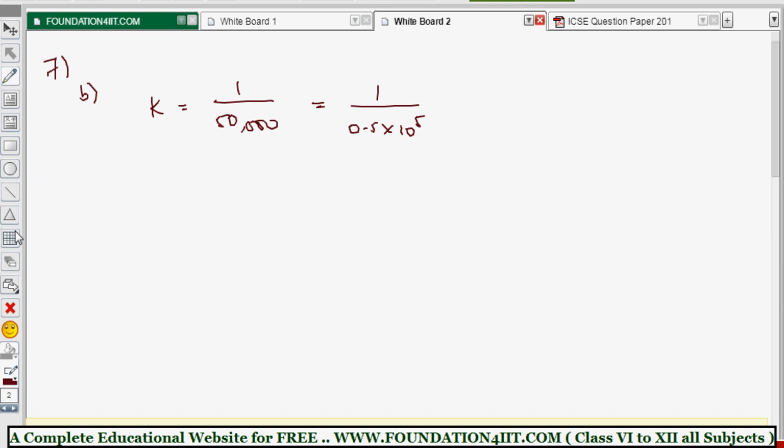Now see a rectangle ABCD, and the diagonal is given.